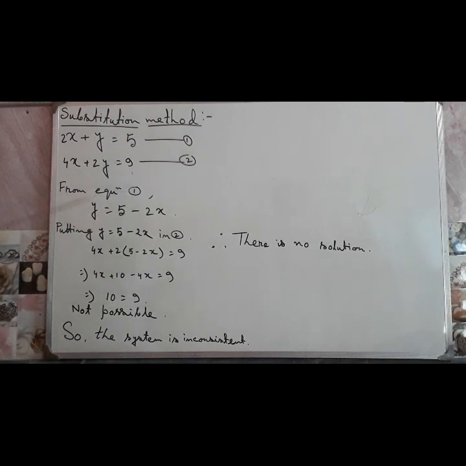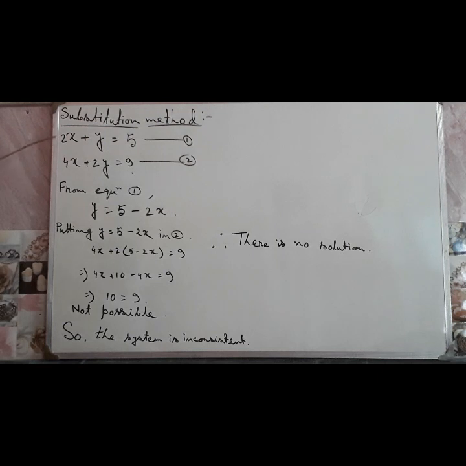Now replace the y of the second equation by this value, and by calculation we got 10 is equal to 9. Is it possible? This is not possible. So this system is inconsistent. That means there is no solution, that means the lines are parallel.